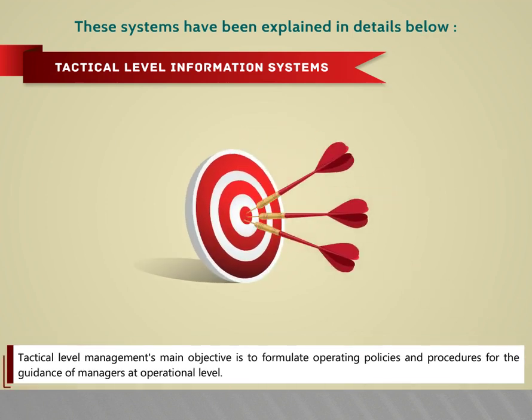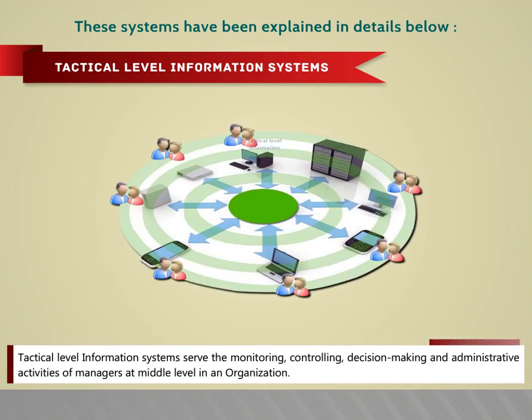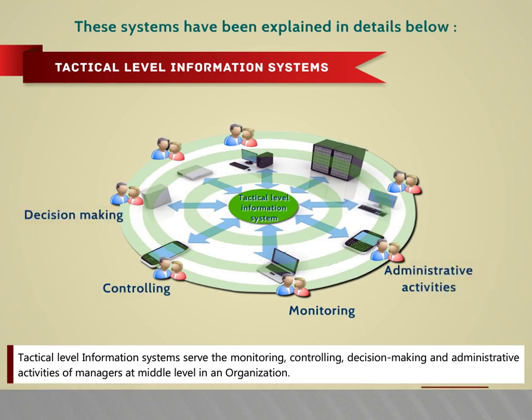Tactical level management's main objective is to formulate operating policies and procedures for the guidance of managers at operational level. Tactical level information systems serve the monitoring, controlling, decision-making, and administrative activities of managers at middle level in an organization.